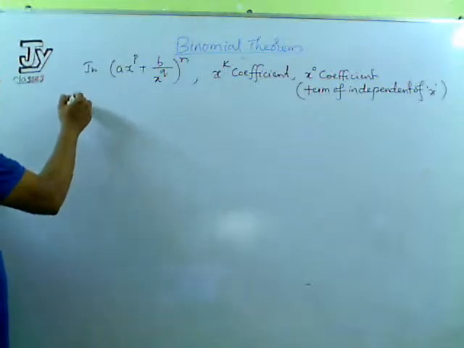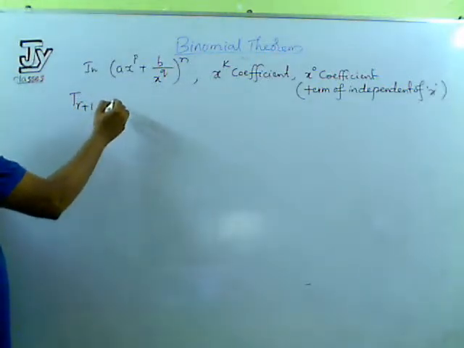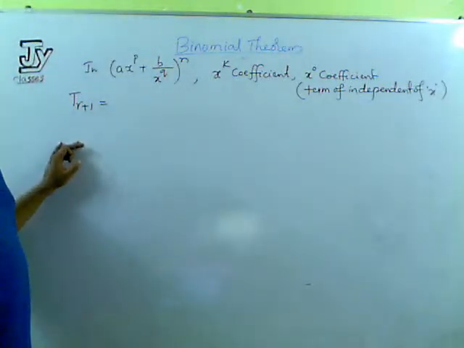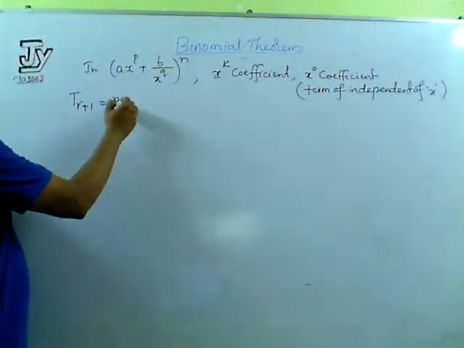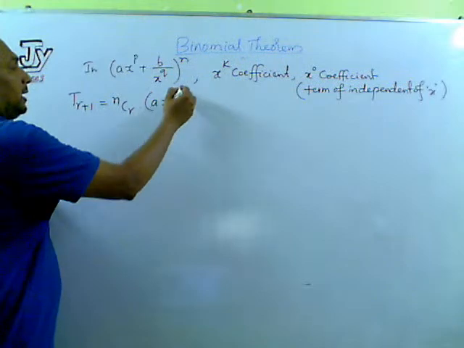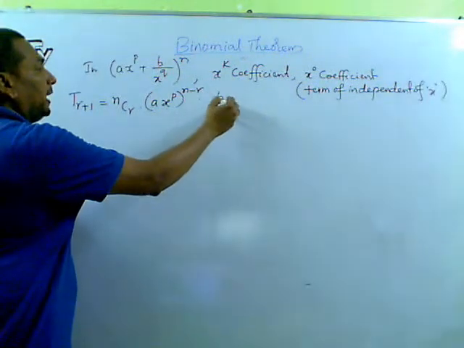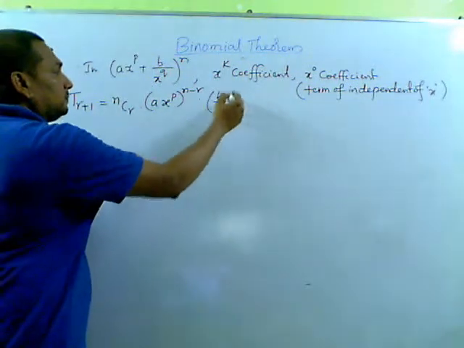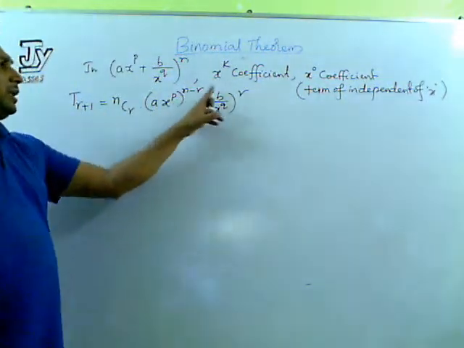Very simple. T(r+1) is equal to, what is the general term? nCr a^(n-r) b^r.